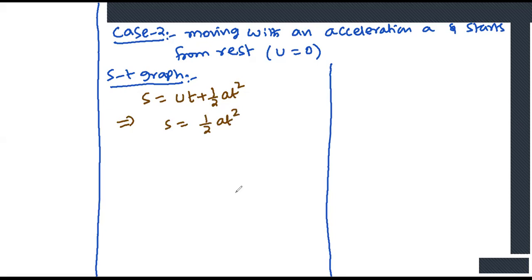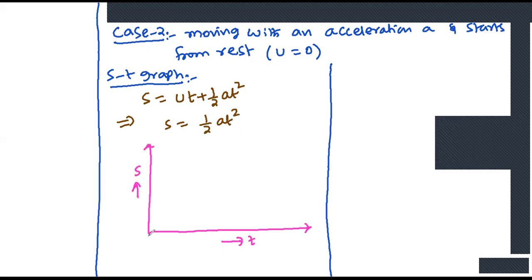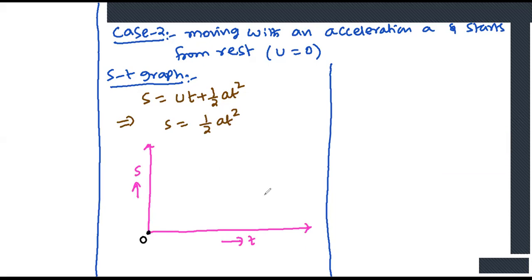When t equals 0, what is the value of S? 0. So when t equals 0, S equals 0. Here, S is proportional to t square.